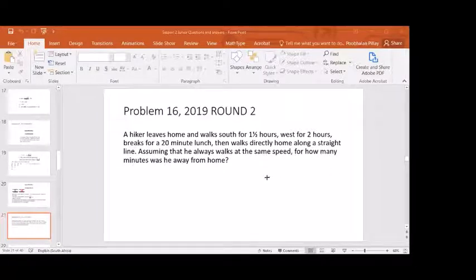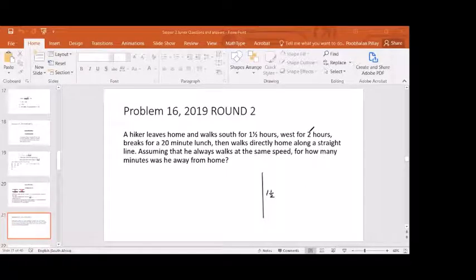So let's draw this diagram. He leaves home and walks south, this is the southerly direction, for 1.5 hours. Let me put 1.5 here to show that he was walking for 1.5 hours.